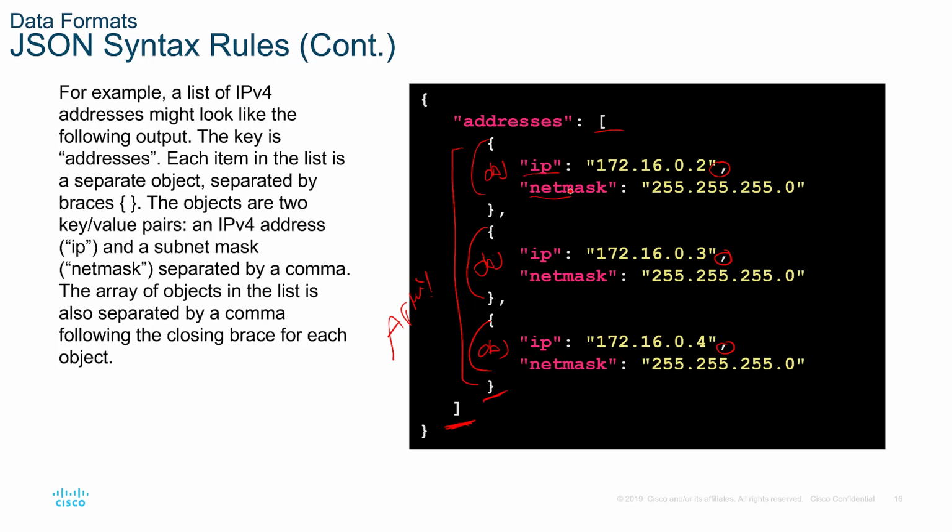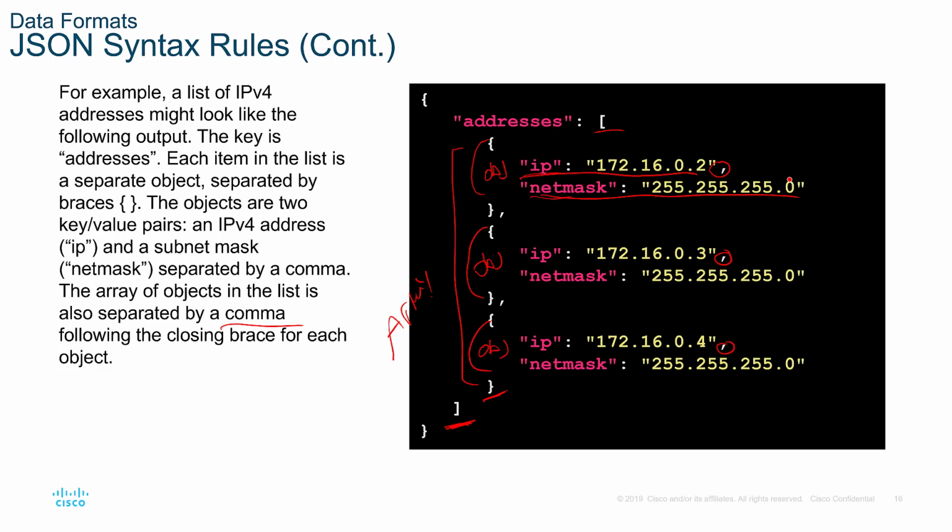Remember that the array of the objects is a list separated by commas. So here is one portion, comma, the second portion. So again, I want to reiterate that. The key value pair is an IPv6 address, the IP and subnet mask. They're separated by a comma.